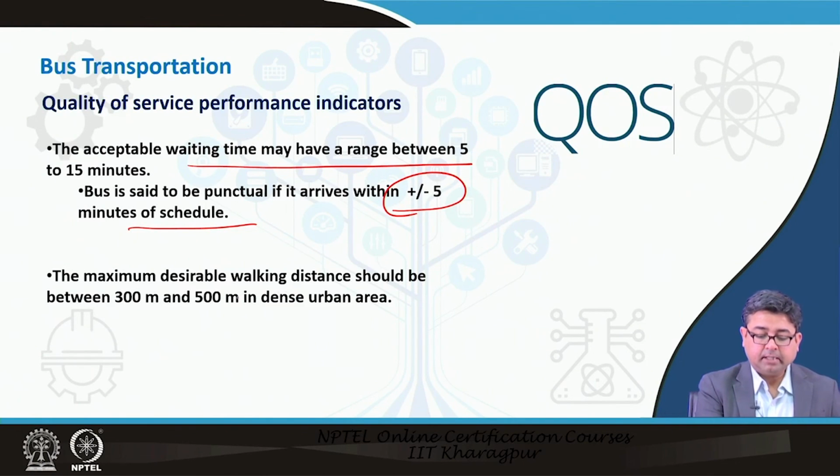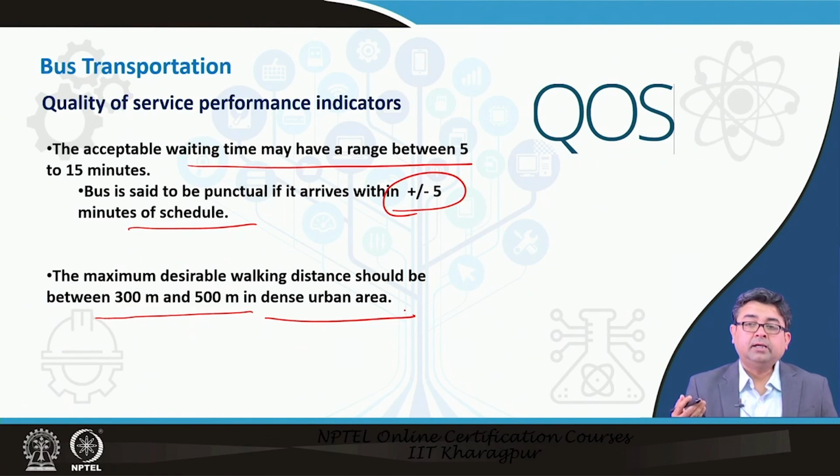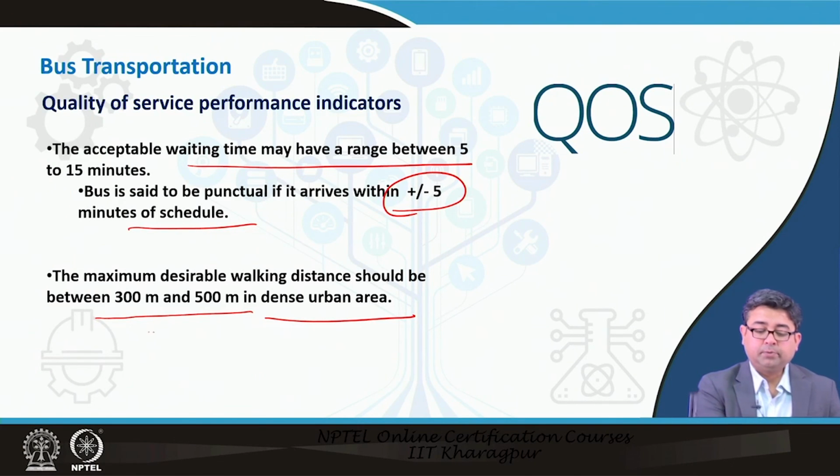The maximum desirable walking distance is no more than 300 to 500 meters in dense urban areas. We have seen that already. This can be helped by bus stop spacing. If the bus stops are spaced very close to each other in dense urban areas, then people would have to walk very little, and they would rate the quality of the system very high.